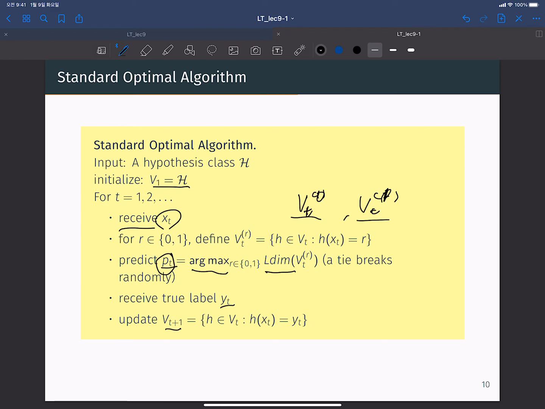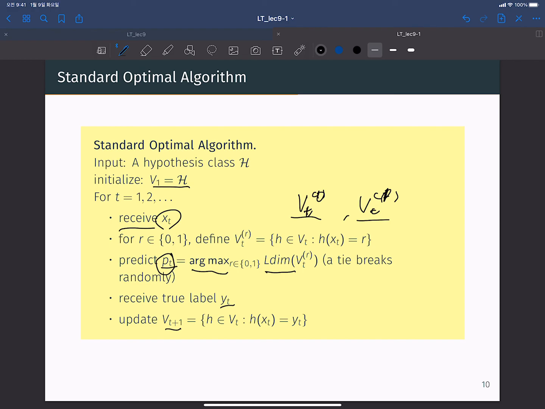One nice thing is, if the current prediction is wrong, so yt is not equal to pt, then the remaining part of our hypothesis set will be smaller than the current one.